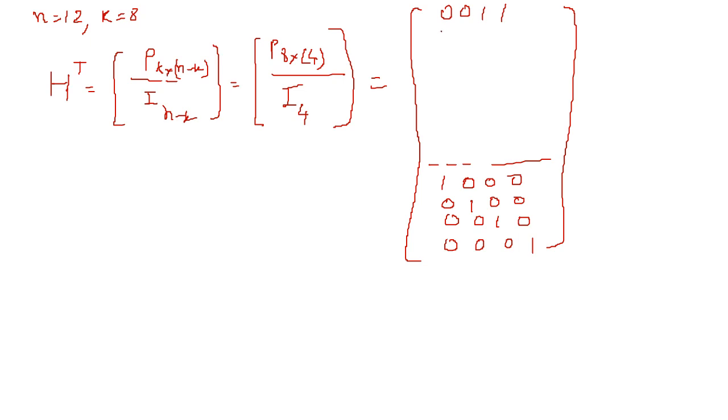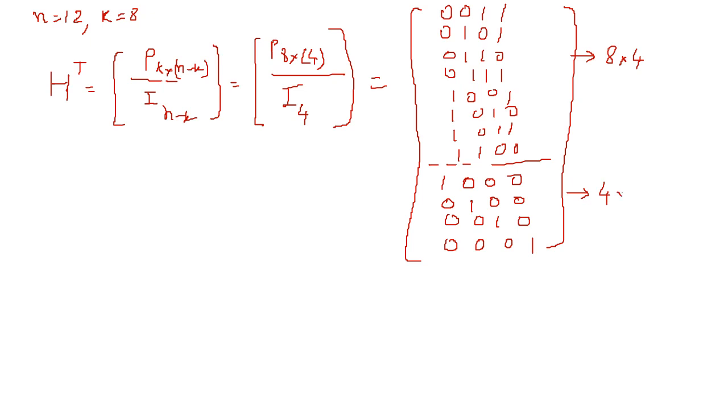Next 4 is not possible because it is already present as one of the rows. So next we'll write 5. Next is 6. Next is 7, and we know that it should have 8 rows. So 8 is not possible again here. So we'll write 9, then 10, then 11, then the last one is 12. So this should be 8 rows, 4 columns, and this is nothing but a 4 cross 4 matrix. So now we have got the H transpose matrix.